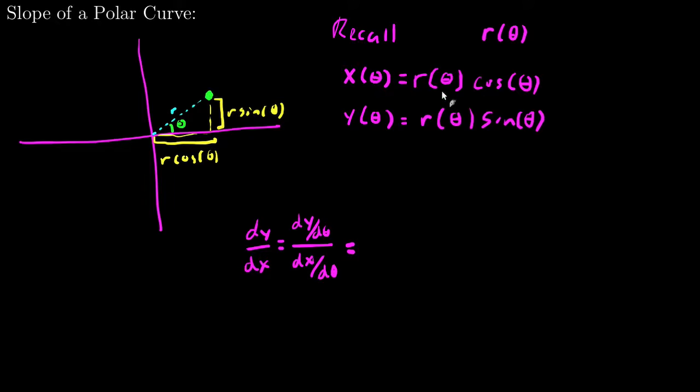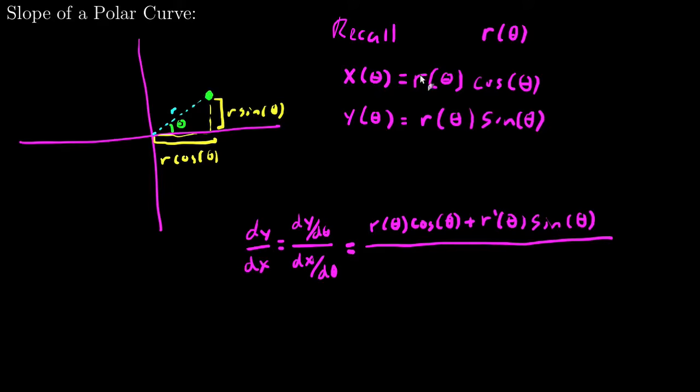Doing product rule, we take the derivative of this first, so I have r times the derivative of sine, plus sine times the derivative of r, all divided by r times the derivative of cosine, which is negative sine, so negative r sine theta, plus cosine times the derivative of r, so r prime cosine theta.